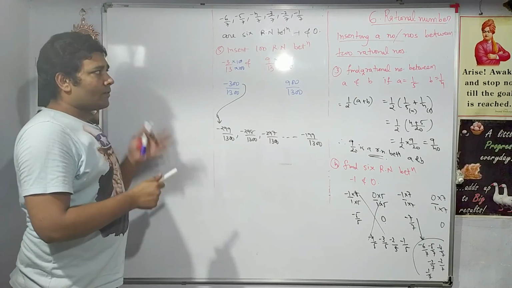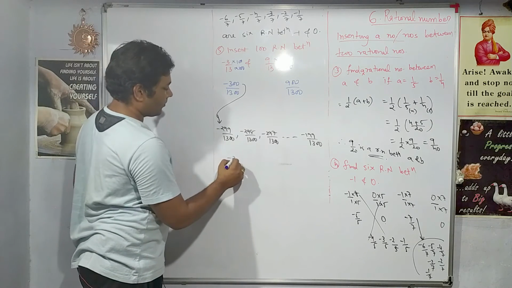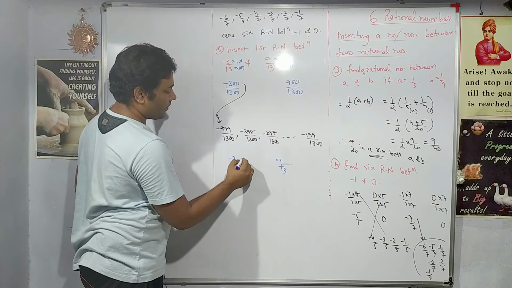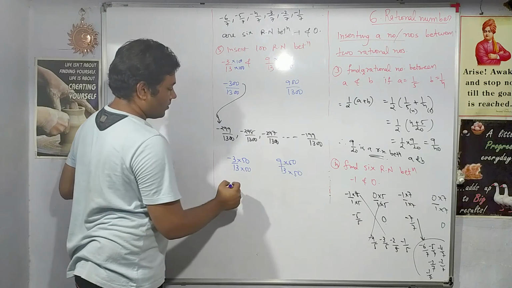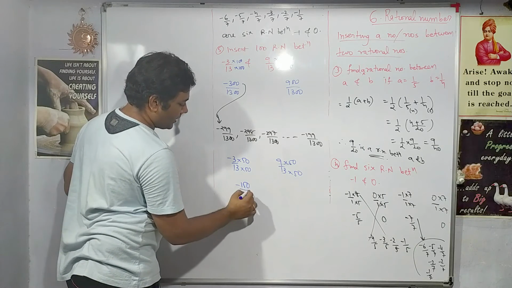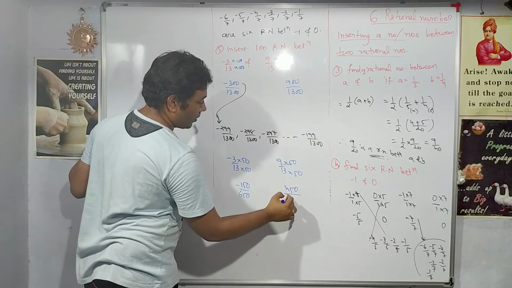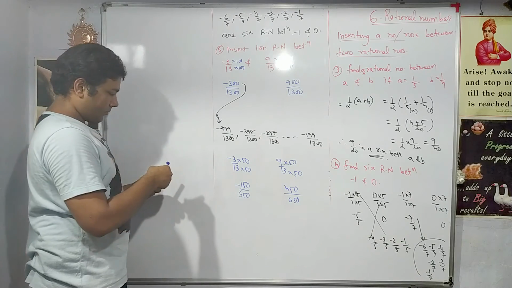Even if you multiply with the 50, I think you will get the answer. Let us try. So -3 upon 13, 9 by 13, right? We will multiply with the 50. -150 upon 650, this side will be 450 upon 650, right? So let us start again.